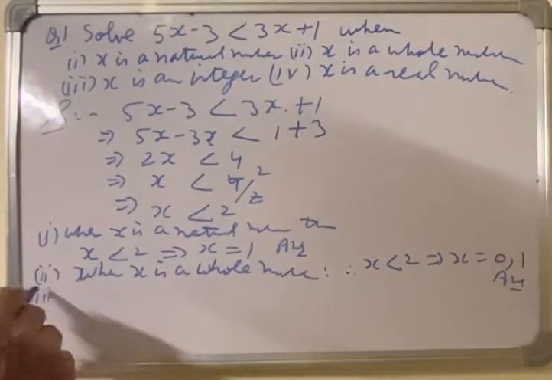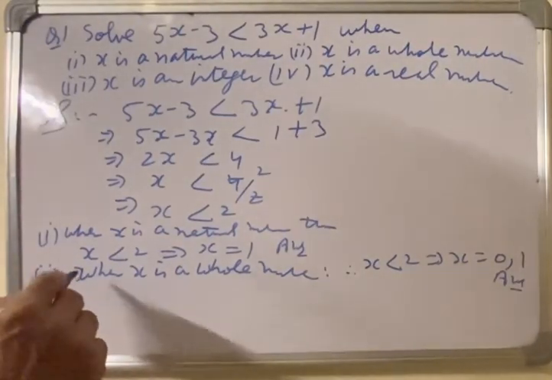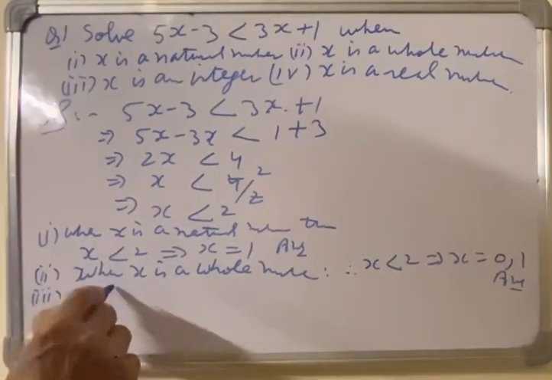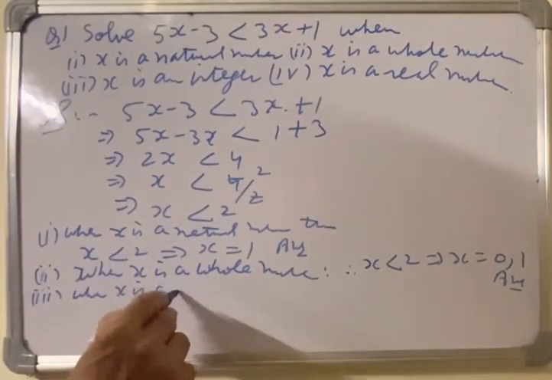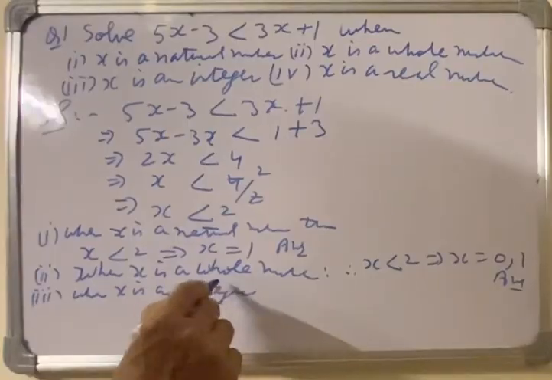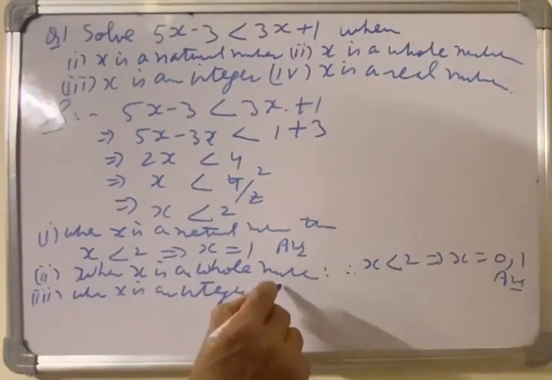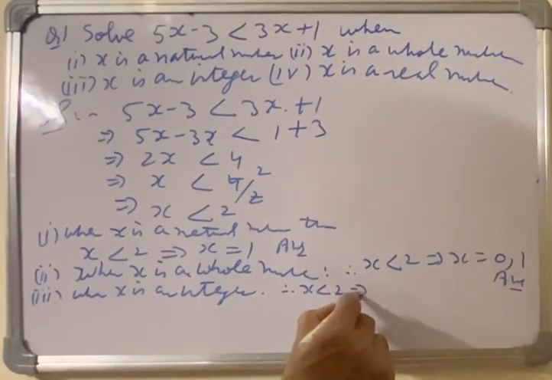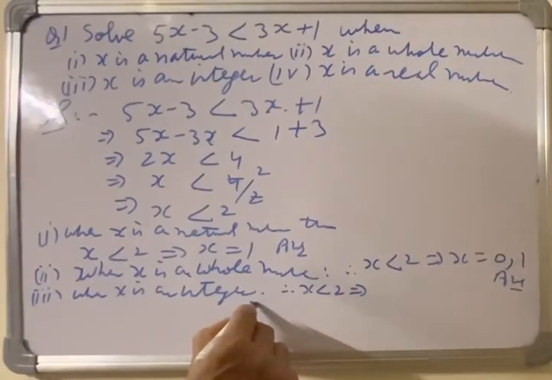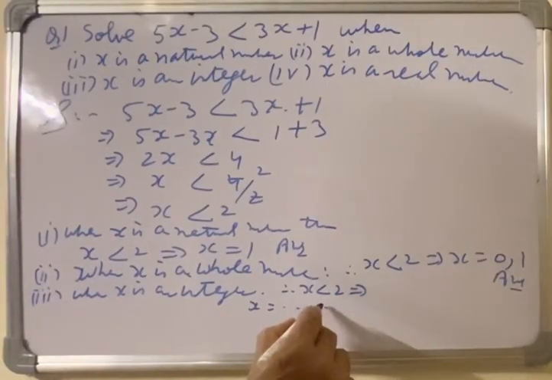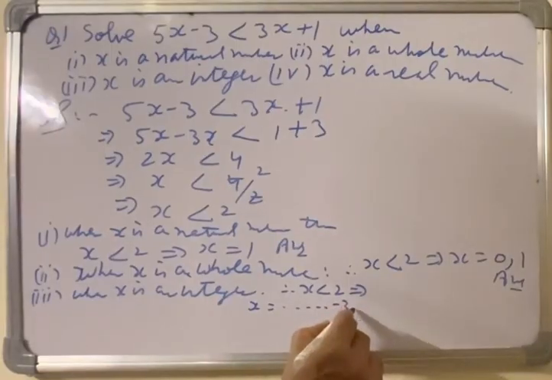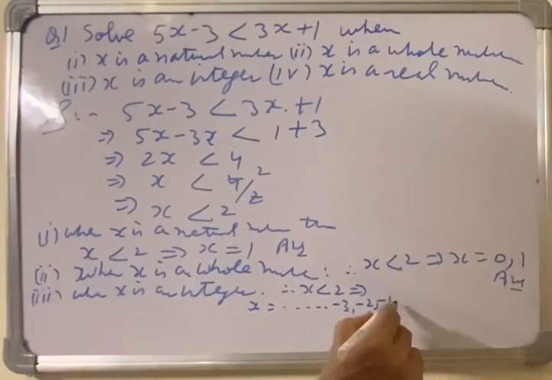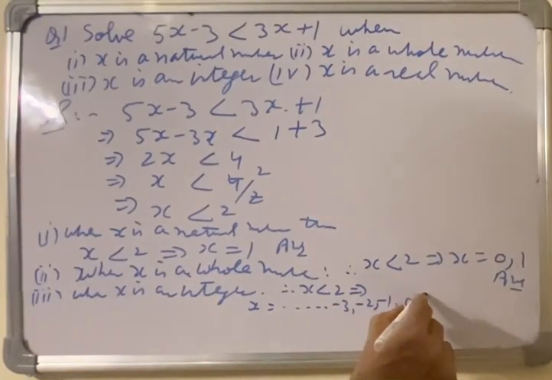Number 3, when x is an integer, therefore x less than 2 implies x is equal to so on minus 3, minus 2, minus 1, 0, 1.